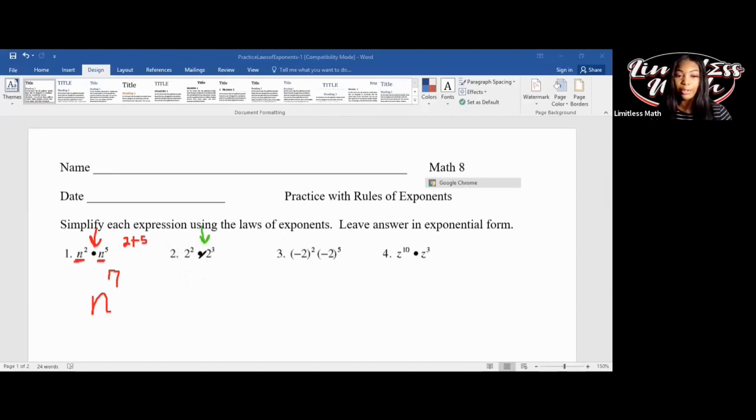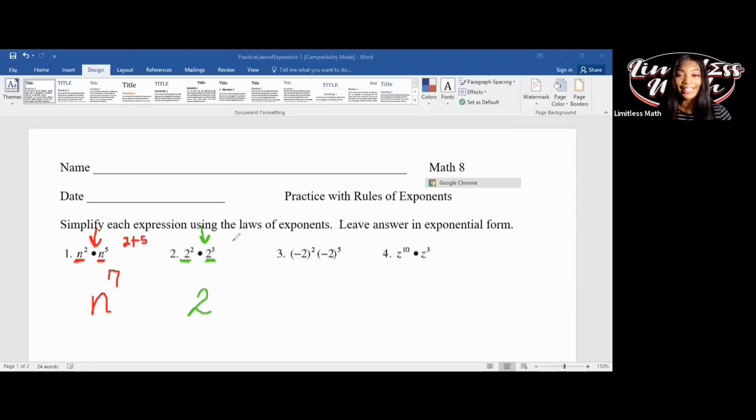Number 2, once again, we are multiplying because we see the dot there. And we have 2 powers. We know we can use our product rule. The base is 2. The big item at the bottom is the base, 2 and 2. You don't multiply them, it just stays a 2. Okay, that's a common mistake students make. Don't multiply them, it stays 2. The base stays the same.